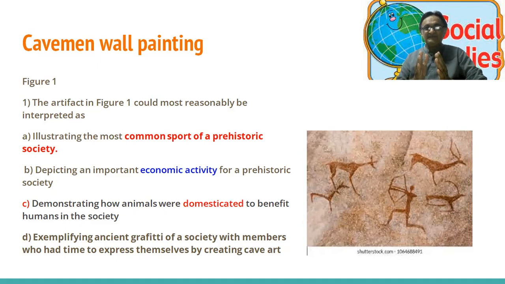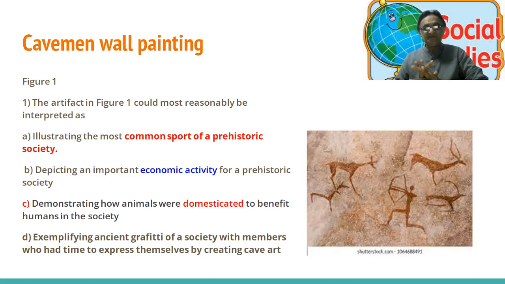Prehistoric means no written record, and history or historic means the written record. So you have to be very careful when you see these types of keywords. You have to be very careful about what the examiner is talking about. The keywords are very important, and almost 50% of the solution of your question is in the keywords.